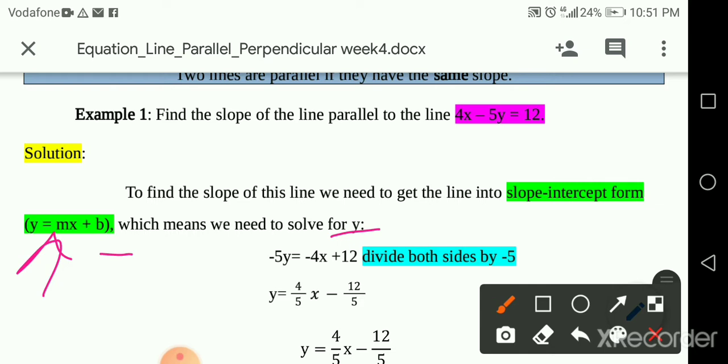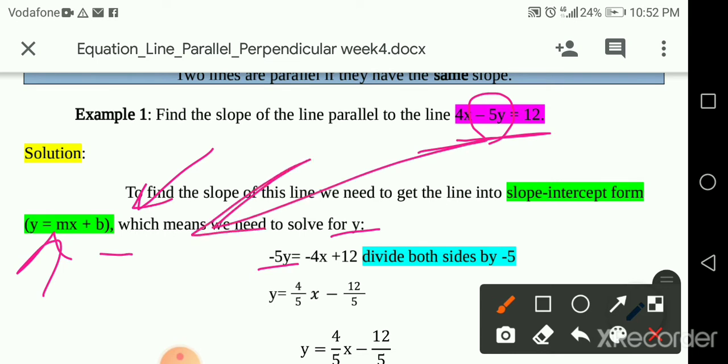The equation was 4x minus 5y equals 12. I want to make this equation like the slope-intercept equation, so I solve for y. I leave y alone: negative 5y equals 4x goes to the other side with a negative sign, so negative 4x plus 12.